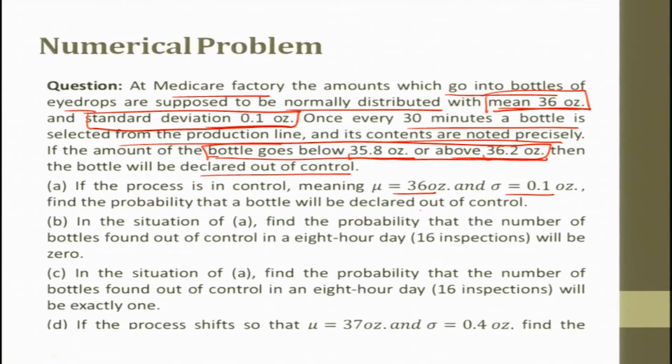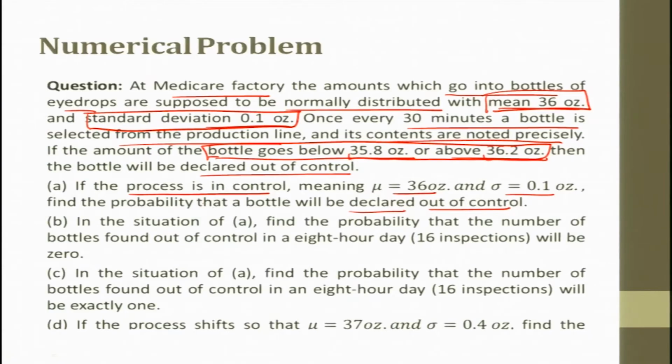The important aspect is that the process of filling the bottles is in control. We need to see whether the bottles we have produced are in control or out of control. Let me first read out the other questions here.